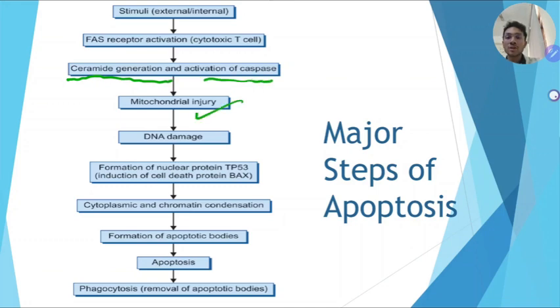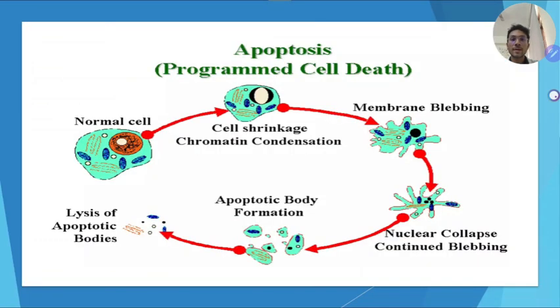Thus, the mitochondrial injury will be there and damage to DNA will take place, which will lead to the formation of a protein called TP53 and the induction of cell death protein BAX. The cytoplasmic and chromatin condensation will take place and the formation of apoptotic bodies will be there, and thus finally apoptosis will take place. And then phagocytosis, which means the removal of apoptotic bodies, will take place.